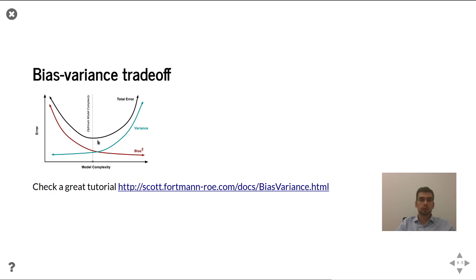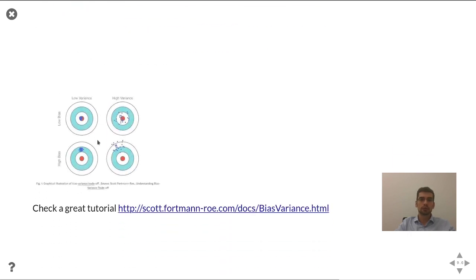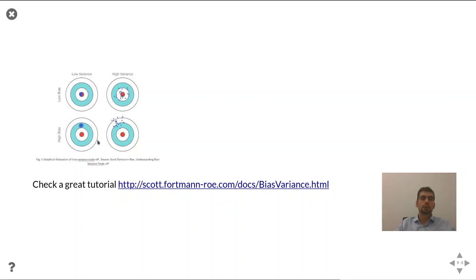I recommend you follow this tutorial and read the explanations, but I really like this image, and it gives a really intuitive explanation of the difference between high bias and high variance.